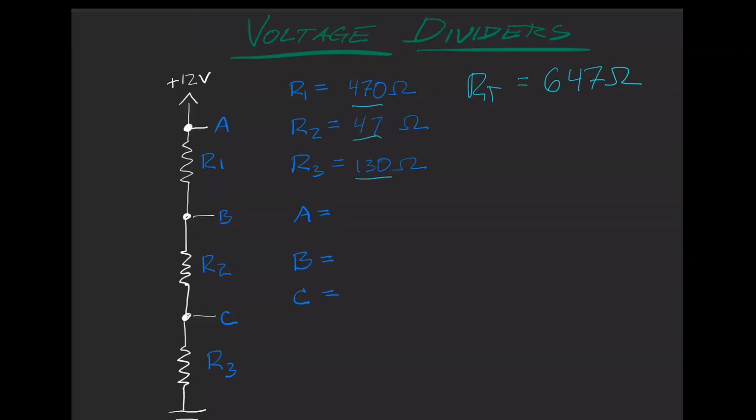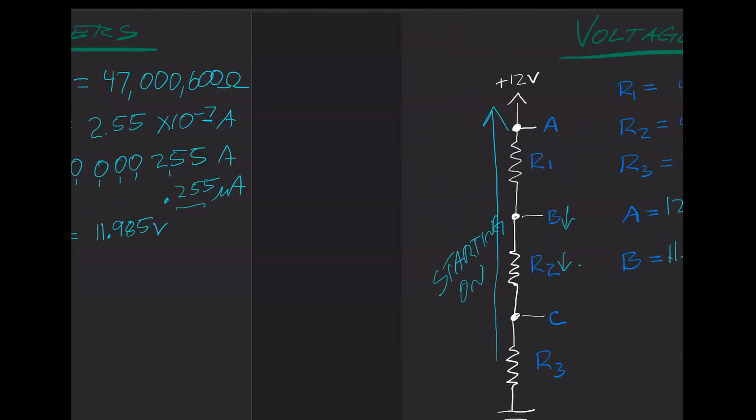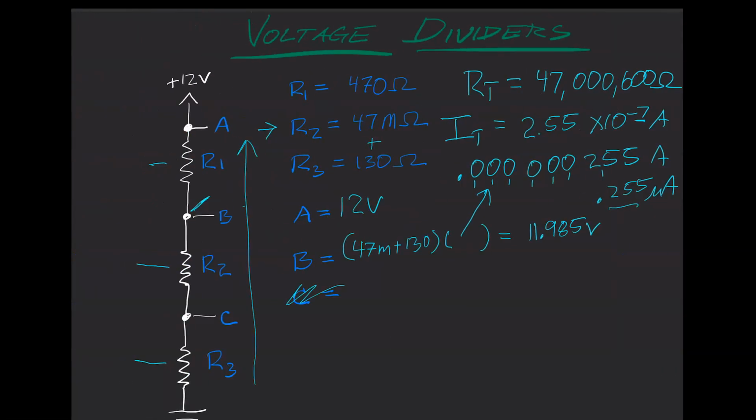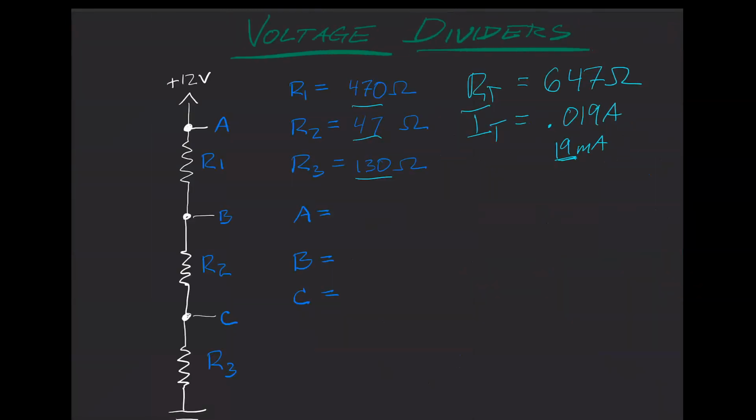Now, all of a sudden, my current has jumped up to 0.019 amps, or 19 milliamps. That's quite an increase in current. Doesn't seem like a lot, but we've gone from 0.255 microamps to 19 milliamps. Quite an increase, a significantly greater increase in current.